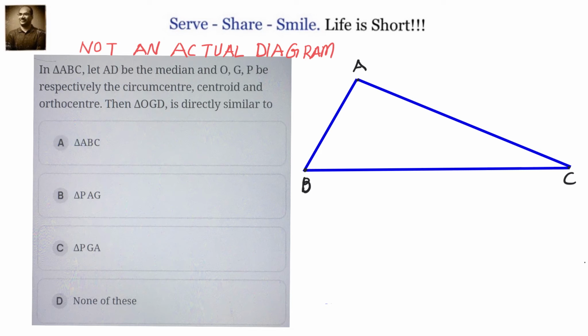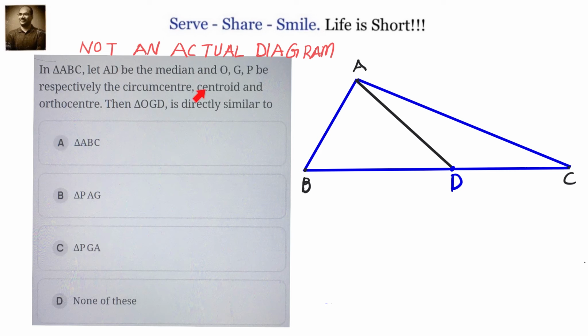So let me draw the median first. Let us say that this is where we are starting and we have to go till midpoint. So this is midpoint of BC, that is D. So we have AD median. Now once we know AD is the median, we have here circumcenter, centroid and orthocenter.